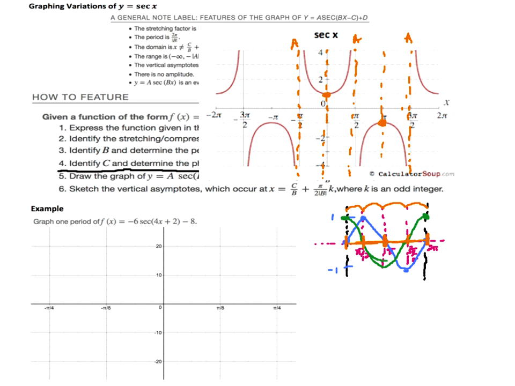So if we can successfully identify these x values that are going to be boundary marks for us, then we know what the shape of the function is going to look like.